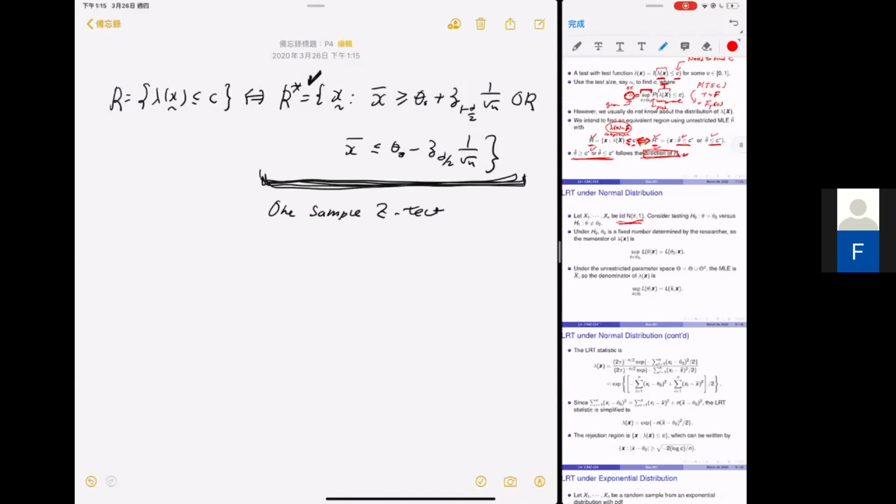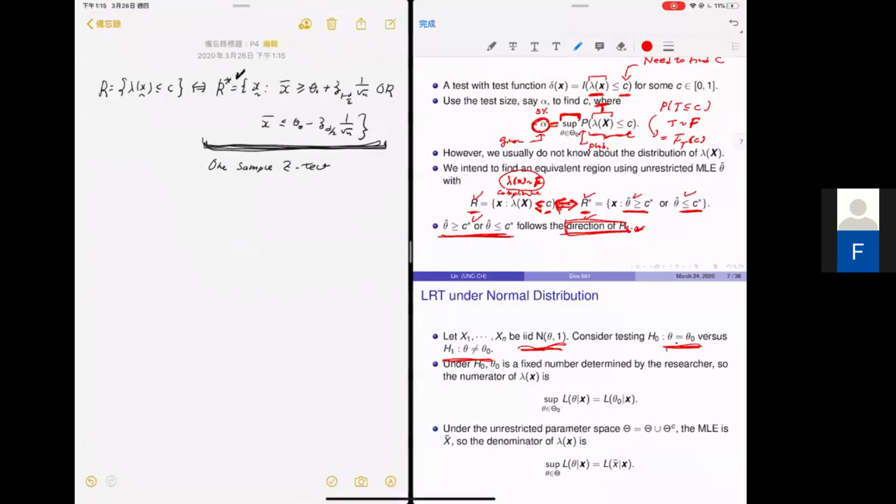In your undergraduate study, you possibly looked at this hypothesis testing: null hypothesis θ = θ0, alternative θ doesn't equal θ0, with σ squared known.